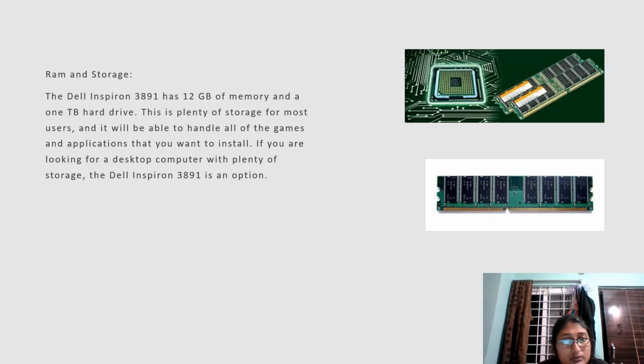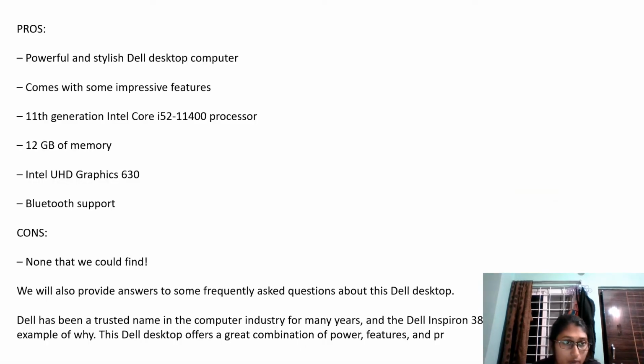RAM and storage of 12 GB and memory of TB hard disk and plenty storage uses of Dell props and guns. Powerful stylish Dell desktop computer comes with some impressive features with 11 gen Intel Core i52 to 11400 processor and 12 GB memory. Intel UGHD graphics 630 Bluetooth support none we could find. We also have provided answers. There has been a trusted name in the computer industry of many years of Dell Impression example. Dell Desktop offers a great combination of powers and features.